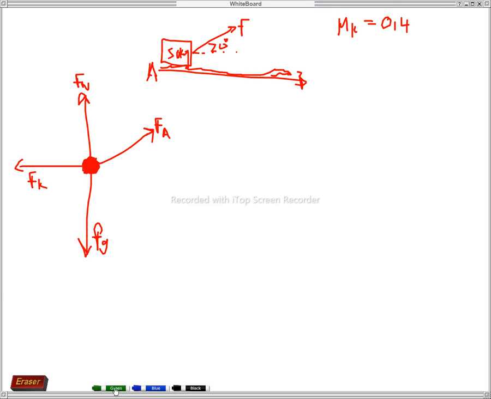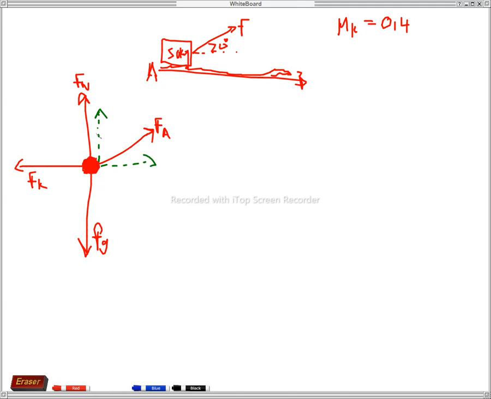In order for us to calculate the force, we have to resolve this force because it's acting at an angle of 20 degrees. If we resolve, we are going to have a vertical component which is going to go in that direction, as well as the horizontal component which is going to go in that direction. Let me just write my arrows properly.